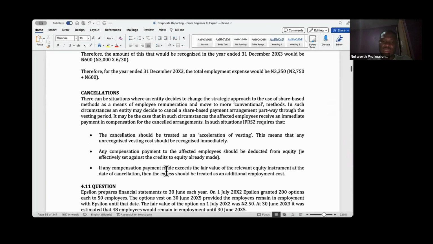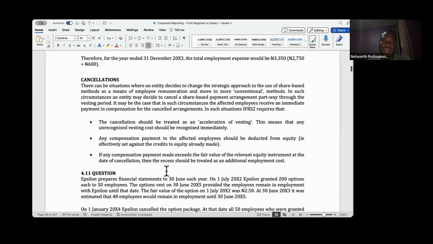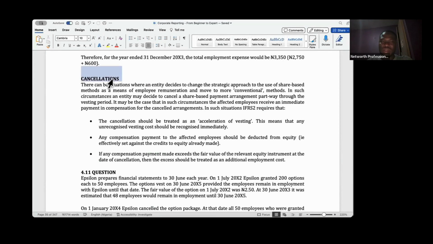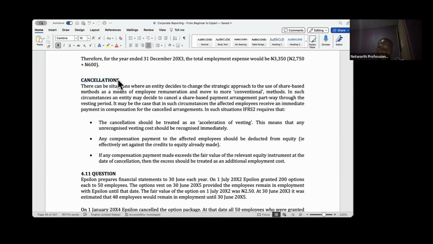Then the last thing here is cancellation. Yes, again, this one too is like a bonus, but listen to the logic here also, so that you can focus on what is key to us. For cancellation, an entity can say, okay, I'm not continuing, I want to cancel this entire thing.